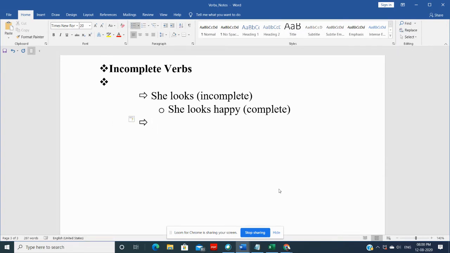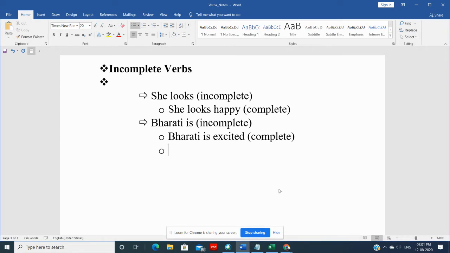Let's take a look at the second sentence. If I just say, "Bharti is." Now, what does this mean? So, this is incomplete. But if I say, "Bharti is excited," now this is complete, right?